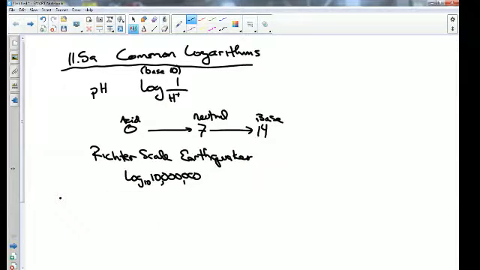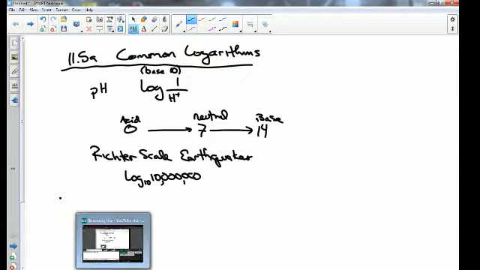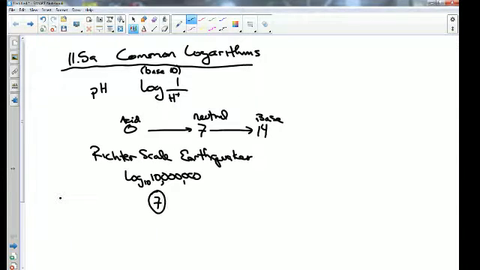That's 10 to the 1, 2, 3, 4, 5, 6, 7. So the Richter scale number would actually be 7, a little more friendly, isn't it? So a magnitude 7 earthquake actually has a really big number attached to it in terms of physics. 10 to the 7th is 10 million, right?